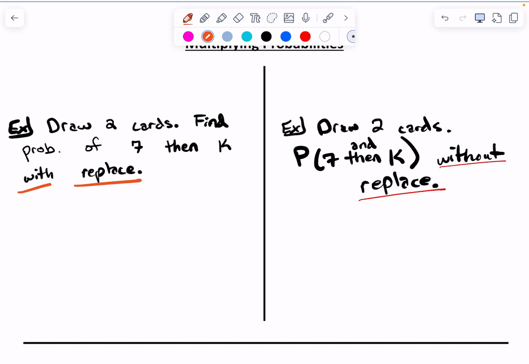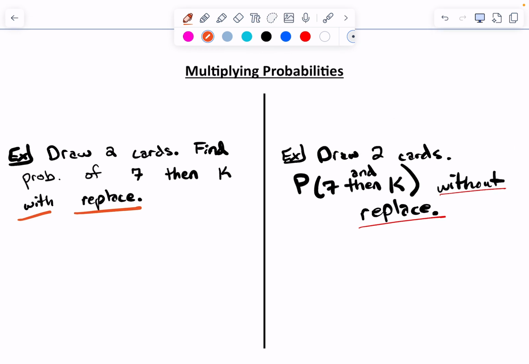Okay. There are two things that tell me I need to multiply to solve these. How do I know that I need to be multiplying? Drawing what? Cards. You are drawing 2 or more events. So I am drawing 2 cards. I'm not just drawing one, I'm drawing 2 cards, right?